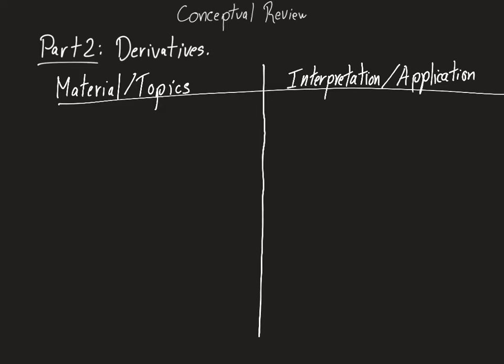Okay, so the first thing that we covered was a definition of the derivative. Okay, and we said basically that the derivative is the slope of the tangent line.